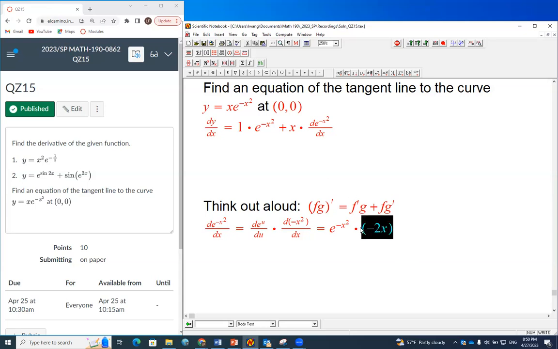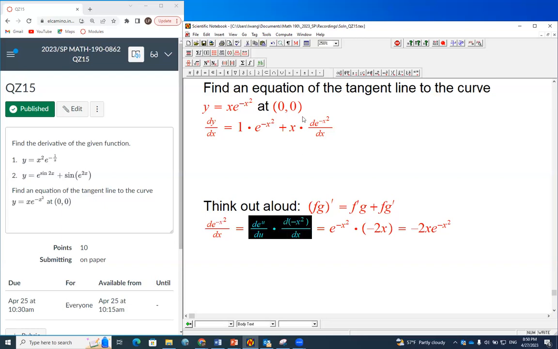Don't forget the parentheses here. The parentheses here are absolutely necessary. If you miss these parentheses, you do lose points, okay? So the final answer is negative 2x multiplied by e to the power of negative x squared, and that is for this piece, okay?